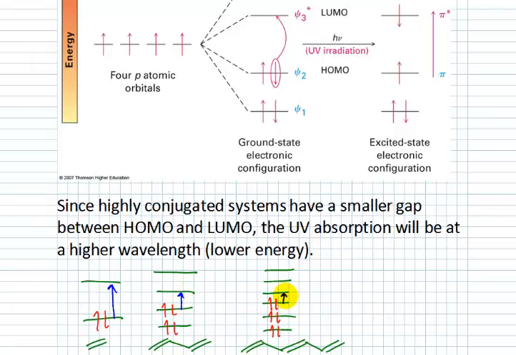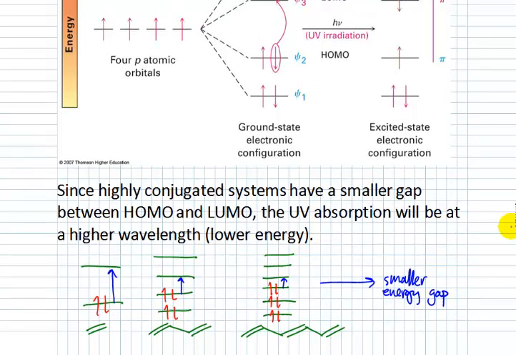Okay? So that means lower energy, right? If I continued conjugating, if I had 8 or 10 molecular orbitals like that, that gap gets smaller and smaller and smaller. Smaller energy gap, which will require lower energy ultraviolet light.